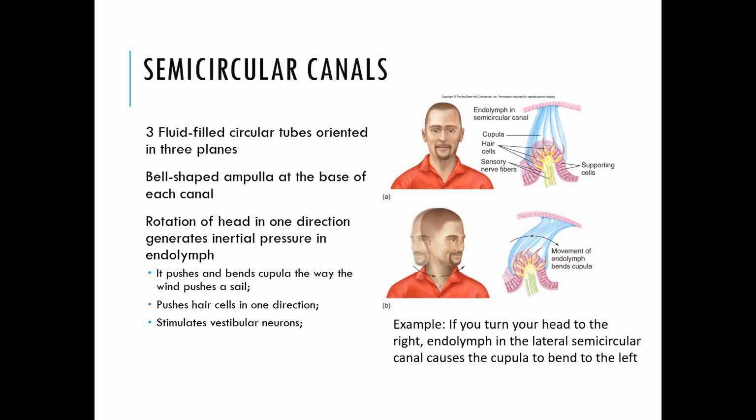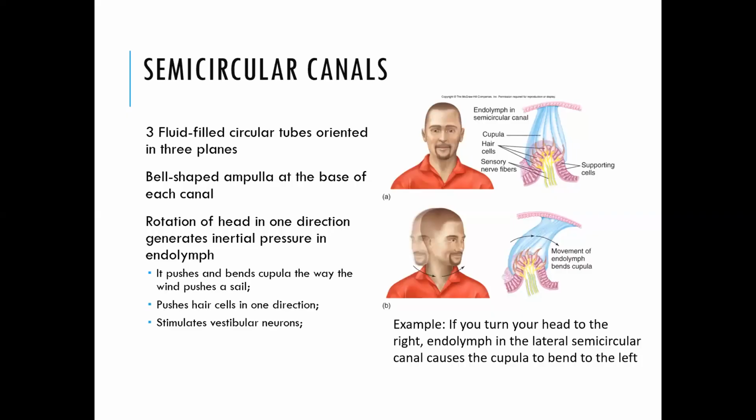If you turn your head to the right, the endolymph of the lateral semicircular canal causes the cupula to bend to the left, so that message is sent that you are turning to the right. So the movement occurs in opposing directions. A rotation of the head in one direction can generate initial pressures in your endolymph, which can cause your movement to occur accordingly.